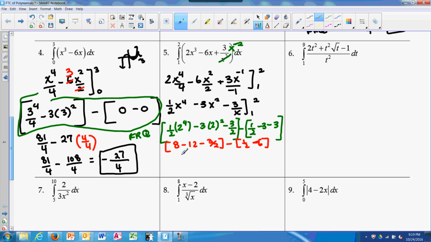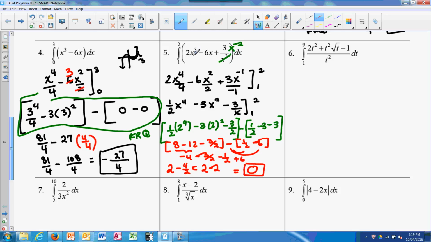So here I would say that I had a negative 4 and a negative 3/2. This minus sign has to distribute, so I end up with another negative half, but then a plus 6. So 6 minus 4 is 2. Negative 3/2 and negative 1/2 is negative 4/2. So I end up with 2 minus 2, which actually equals 0.